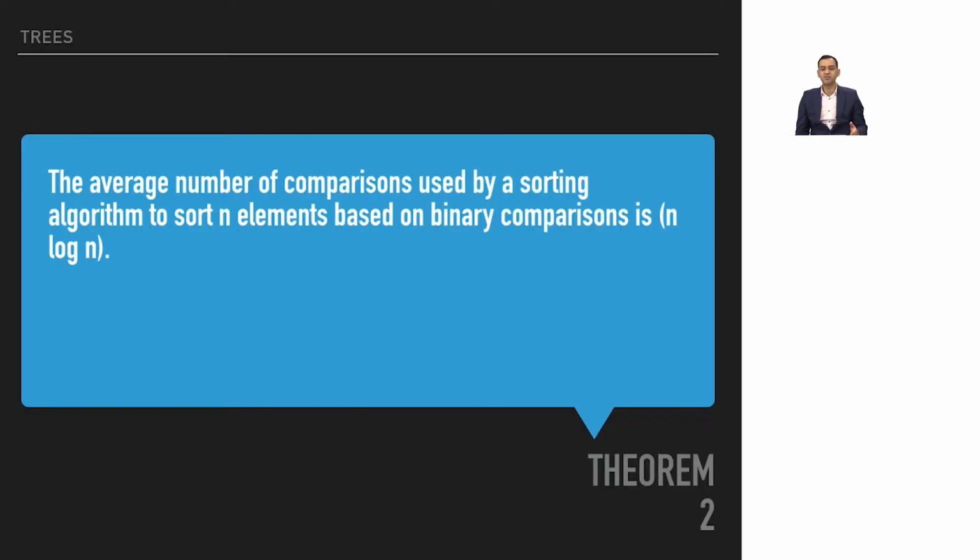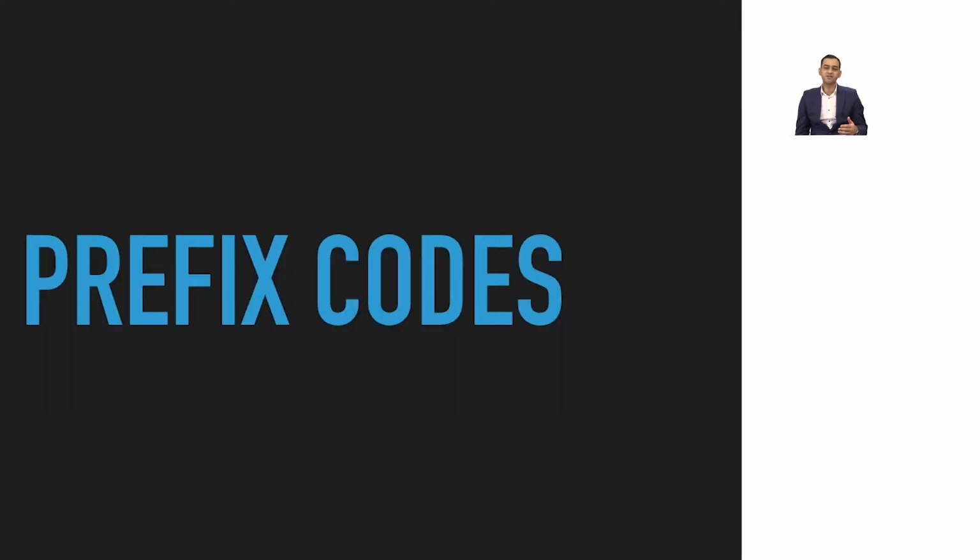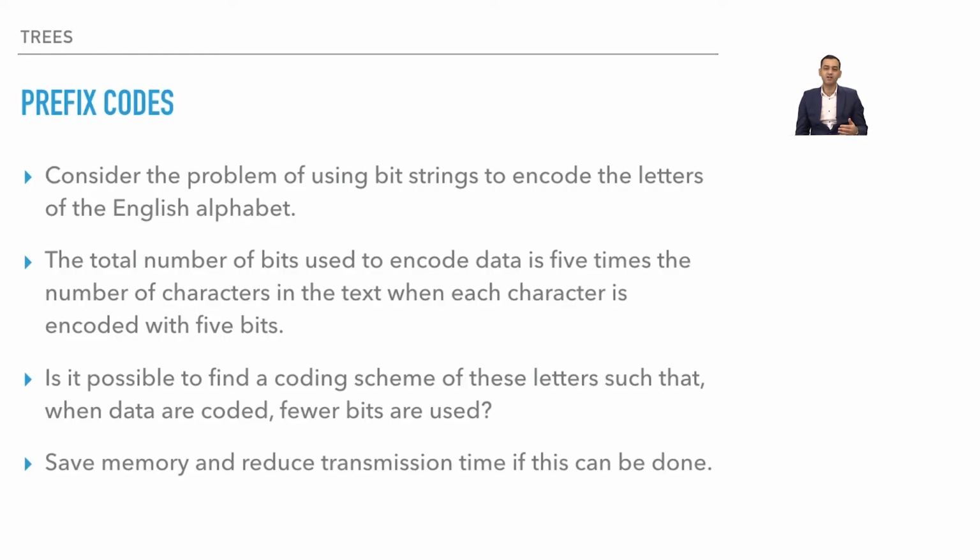Now let us discuss prefix codes. Consider the problem of using bit strings to encode the letters of the English alphabet, where no distinction is made between lowercase and uppercase letters. We can represent each letter with a bit string of length 5 because there are only 26 letters and there are 32 bit strings of length 5.